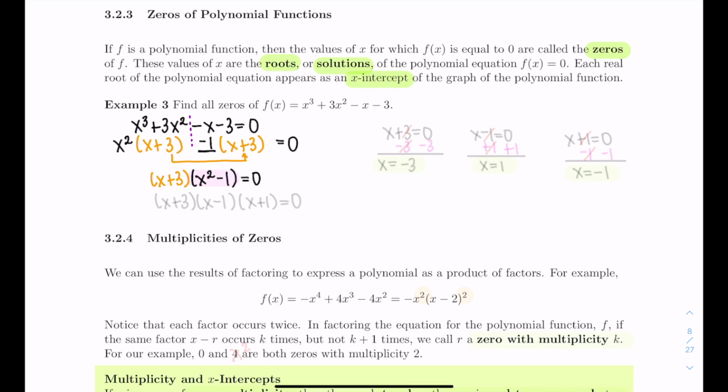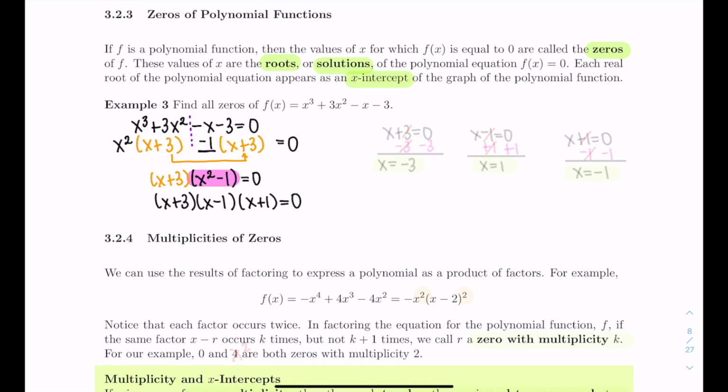So we have x plus 3 times x squared minus 1 equals 0. And if you notice, x squared minus 1 is a difference of squares, and so we can break this down even further. And that will factor as x minus 1 and x plus 1.